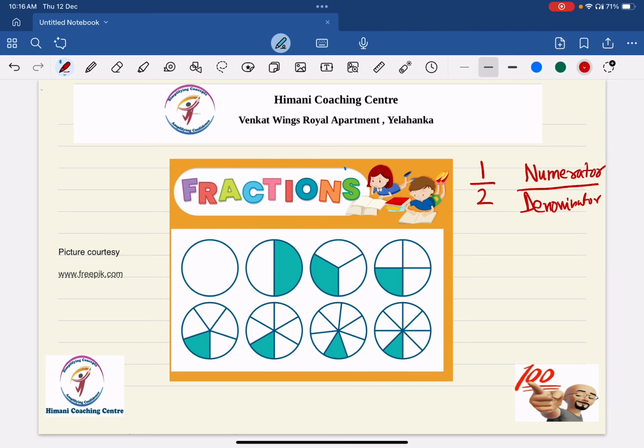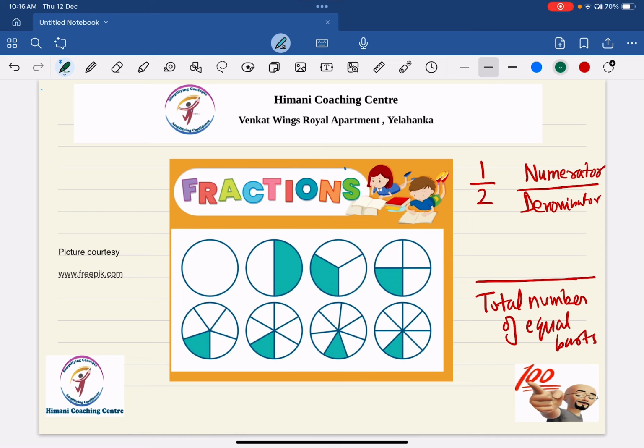Okay, so whenever there is a fraction, there are two parts in it. The denominator is what? It is the total number of equal parts. So in the denominator we write the total number of equal parts. Okay. And what do we write in the numerator?